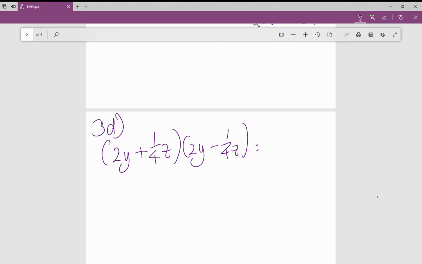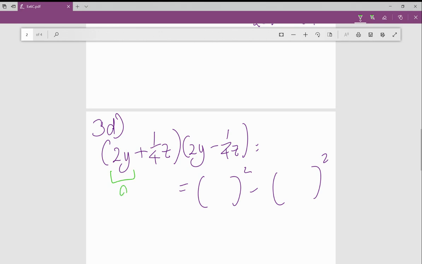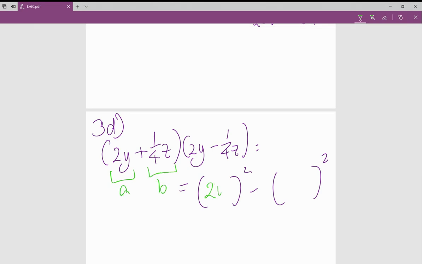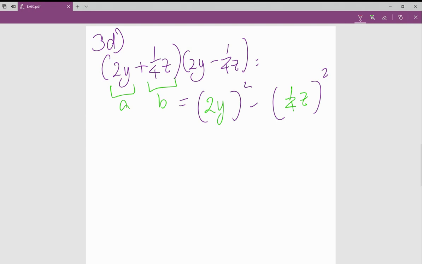This equals, I'm going to write it here, a squared minus b squared. Now let's see what is a. a is 2y and this is b, 1 quarter z. So this becomes 4y squared minus 1 over 16 z squared. Make sure you square the number as well as the variable that is over there.